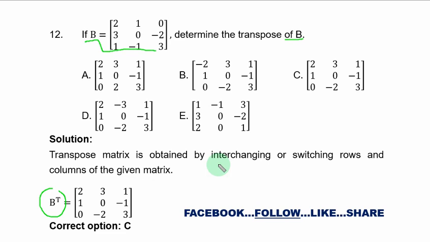When you are doing it, either you go row wise and maintain it all through, or you go column wise. You don't miss it. So let's take the first row and make it the first column. You take the second row and make it the second column. You take the third row and you make it the third column. You have C as the correct option, the transpose of matrix B.